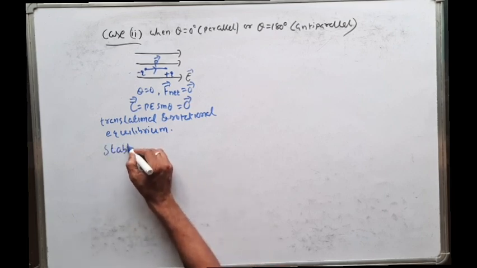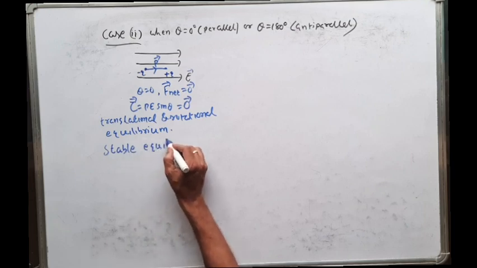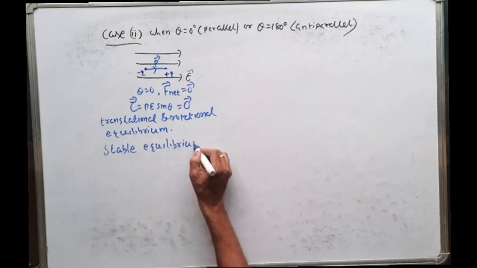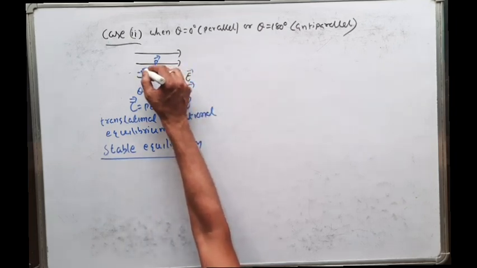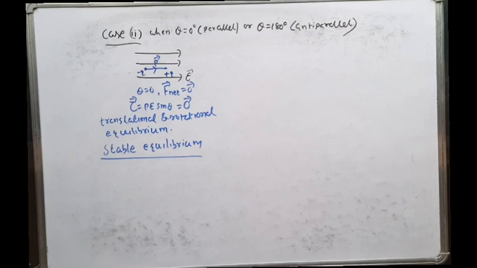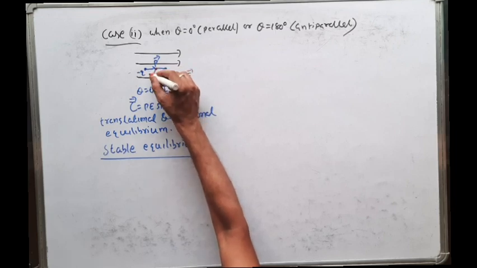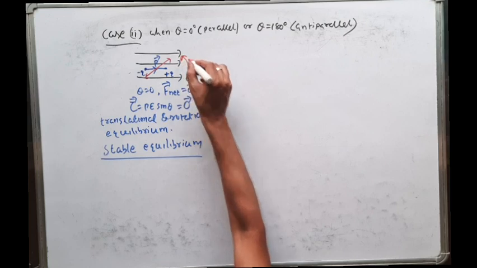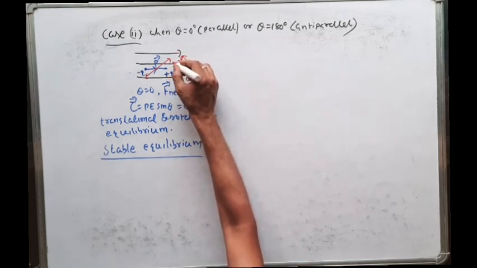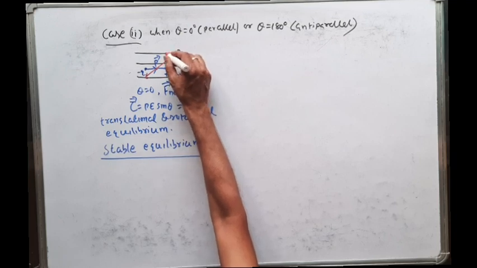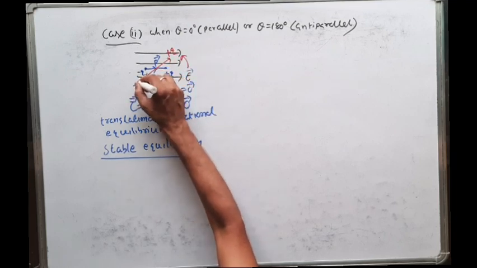Why is it called stable equilibrium? I am explaining this. You see, suppose this is the dipole. Initially the dipole is in equilibrium position. Now I will try to rotate this dipole in anti-clockwise direction. So what will happen? Suppose after some rotation, this is plus q, this is minus q.